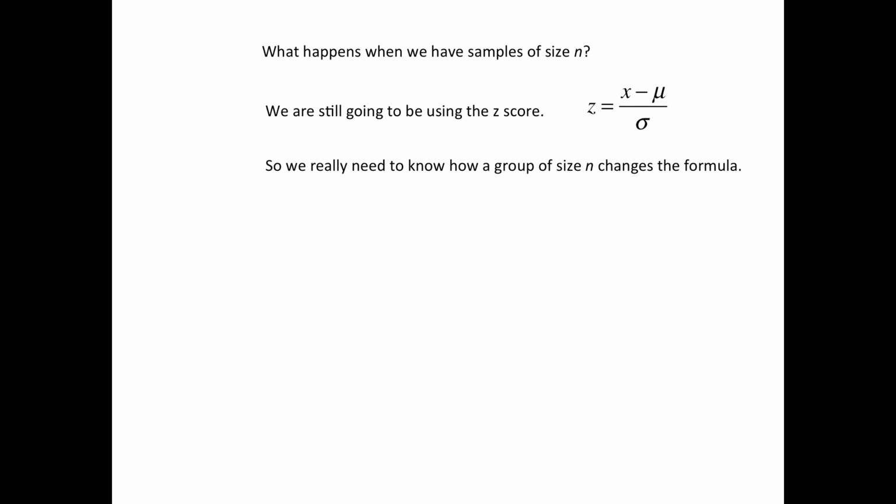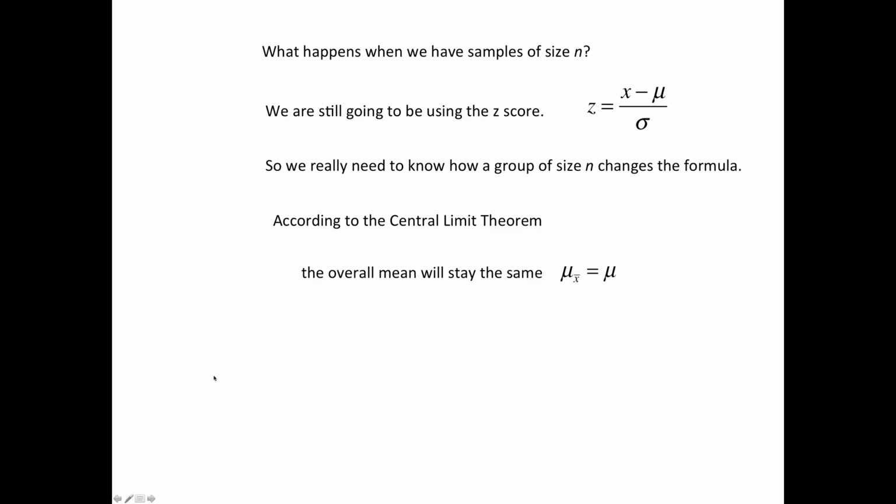Alright, so what happens when you have samples of size n? We still are going to be using the z-score. What we really need to know is, if you have a sample of size n, how is that going to change the formula? If you break down the central limit theorem, it basically says that the average of the averages, in other words, you take all groups of size n, so out of the population you decide, I'm going to take groups of size 35.